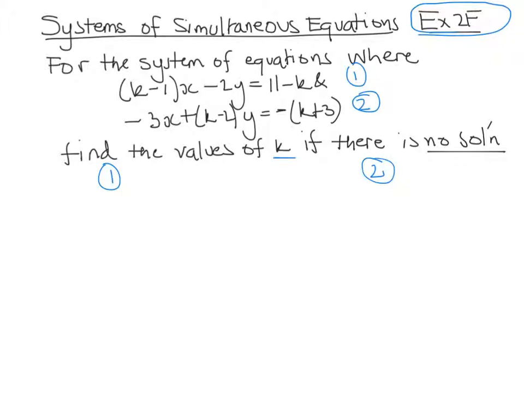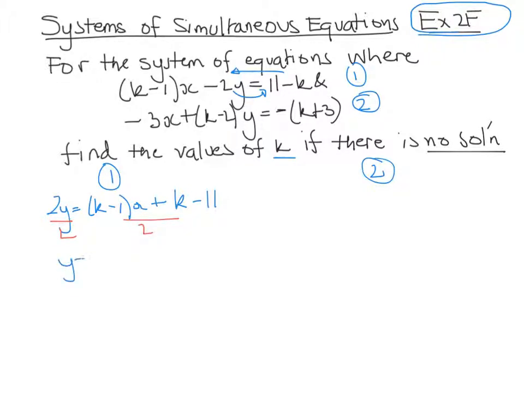I'll rewrite this equation and take the minus 2y across to the other side, and the 11 minus k across to the other side. So we could then say 2y is equal to k minus 1 x plus k minus 11, and I'll divide by 2 on both sides.